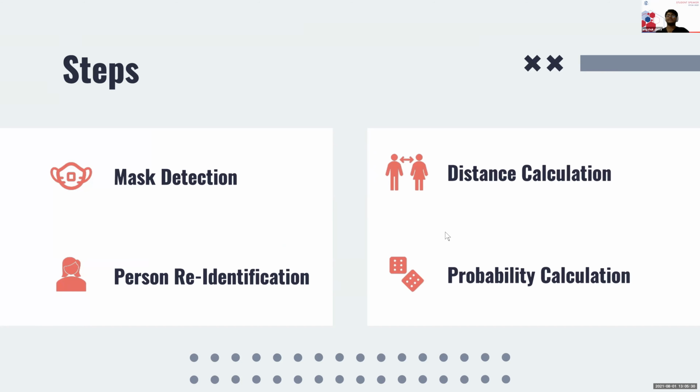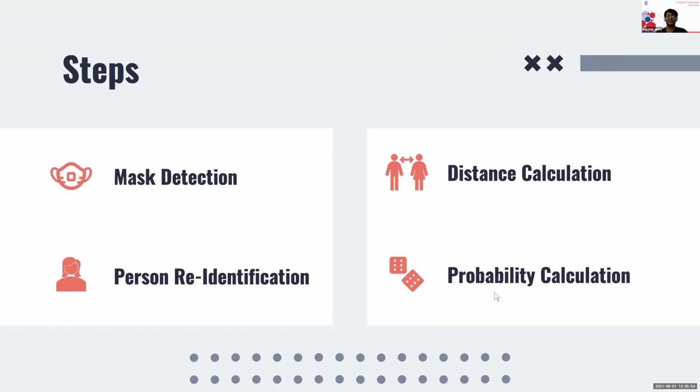The third step is distance calculation, where we calculate the distance between two or more people. And this is also a very important step because this is where social distancing comes into play. And our last step is probability calculation, where we introduce our own empirical formula to calculate the likelihood that a person will contract COVID from other infected people.